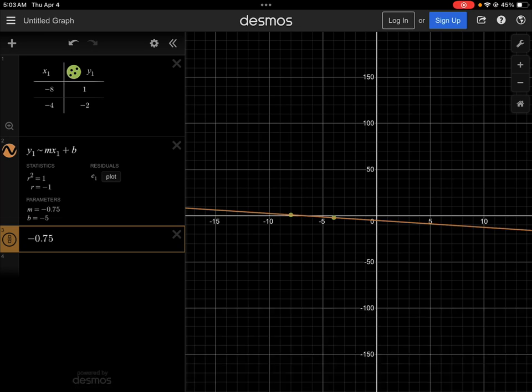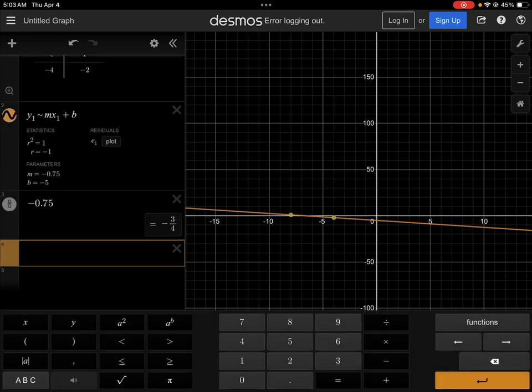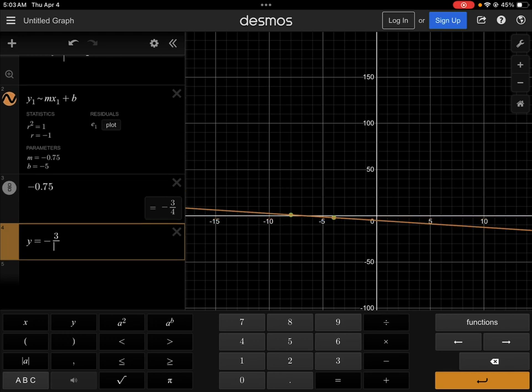So hit the fraction, and that's -3/4. So the first line would be y equals mx plus b, that's -3/4 x plus b is plus -5, so it's just -5. Okay, this is the first equation.